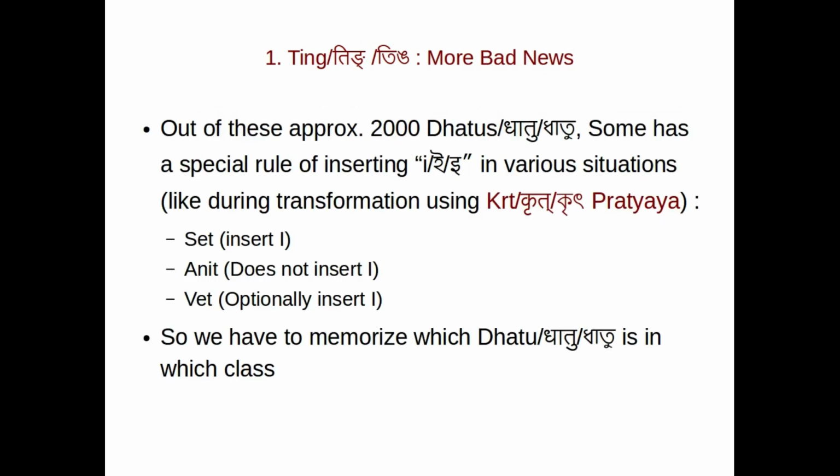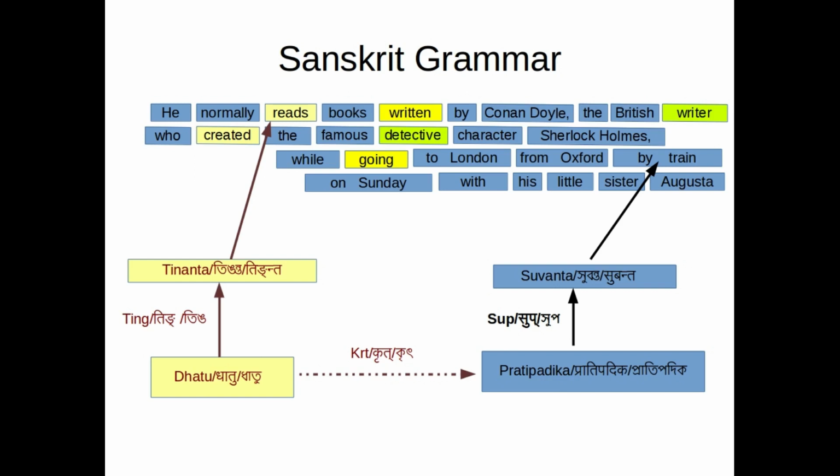But there is some bad news again. Out of these approximately 2000 dhatus, some have a special rule of inserting the letter i in various situations, like during the transformation using krit pratyayas, which is applied on dhatus to get pratipadikas.